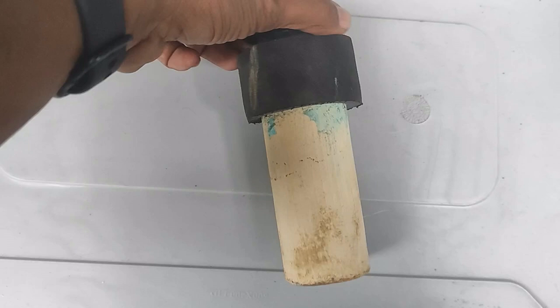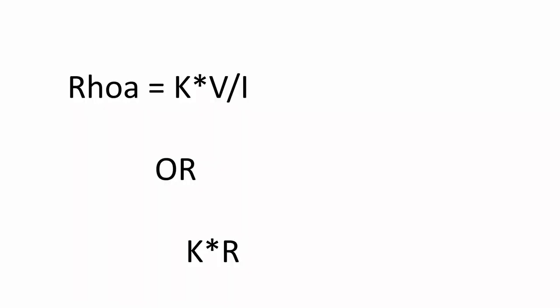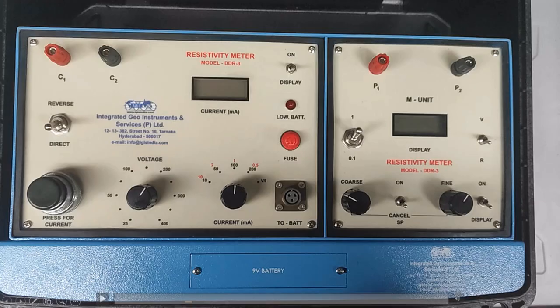To eliminate this kind of error, the self potential values, we either write down the SP value, or we cancel the SP using the coarse and fine controls in this machine. So we get the appropriate readings.